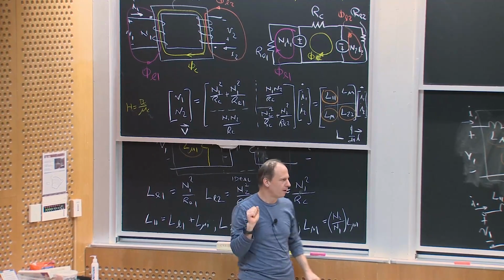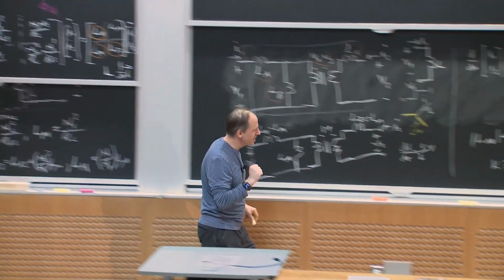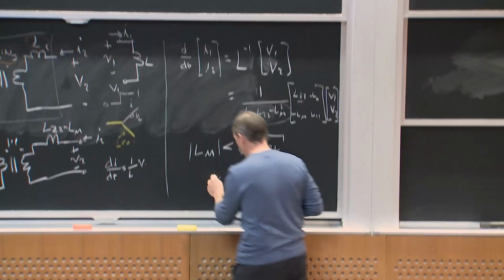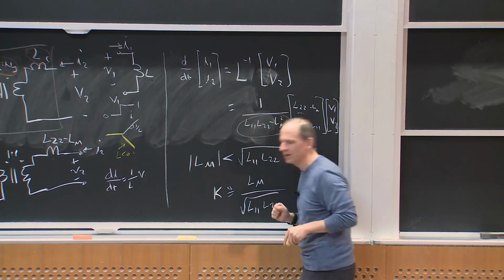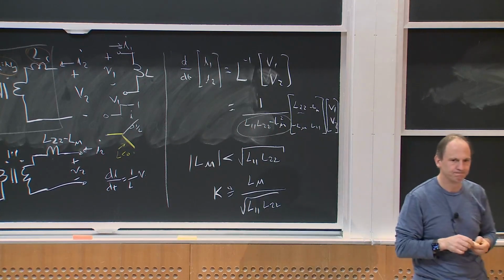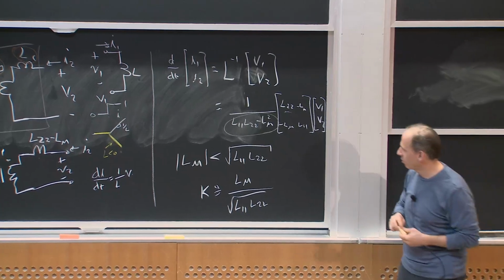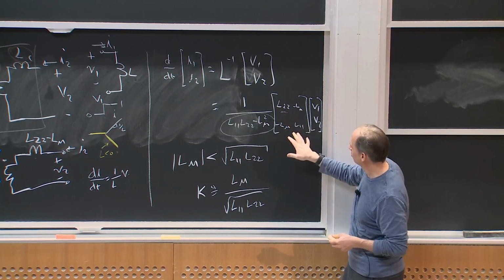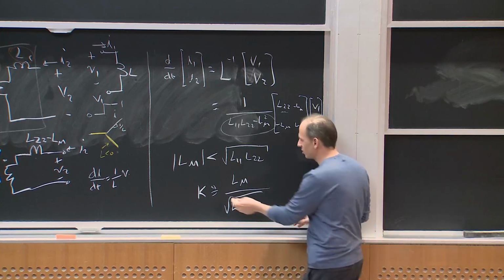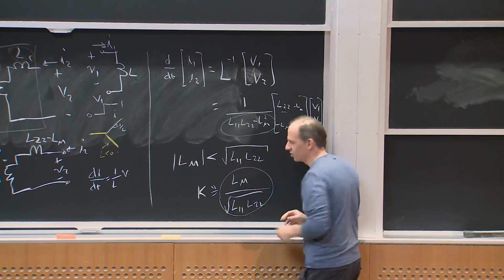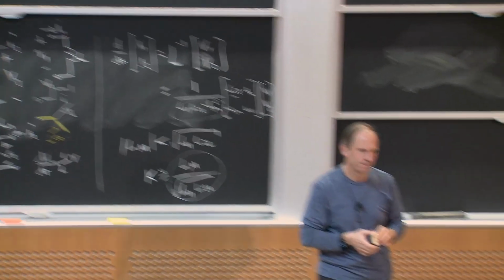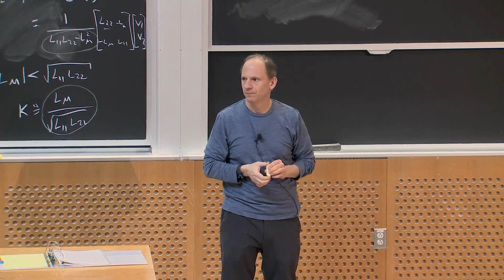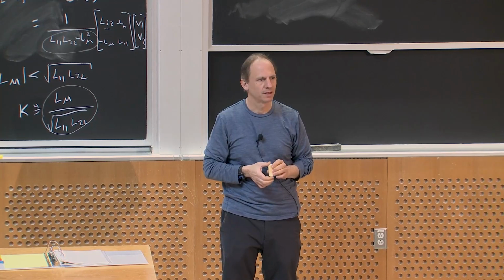Okay? So K is sometimes used to say, in some sense, how much leakage is in the transformer. But more broadly, I've got 3 parameters, L11, L22, and Lm, but there are some limits on what you can get in terms of the relationships in the real world. Any questions about that?